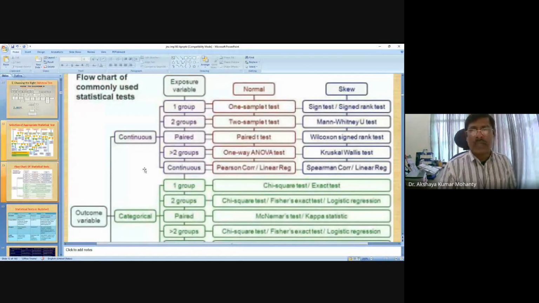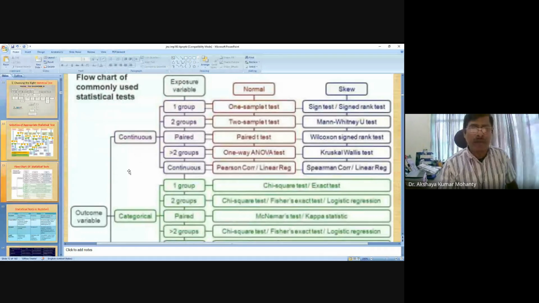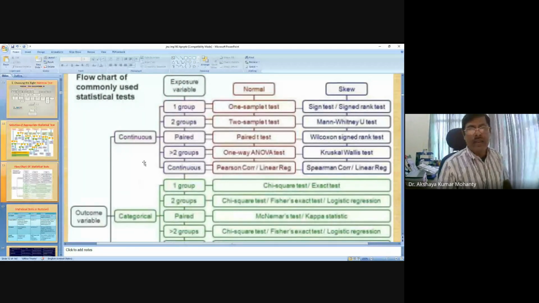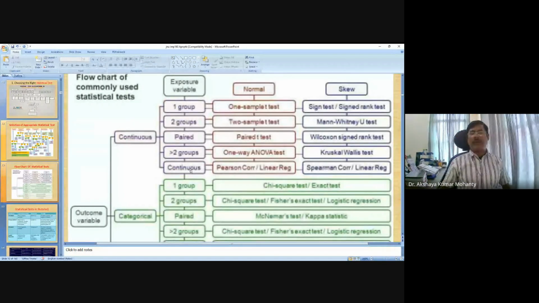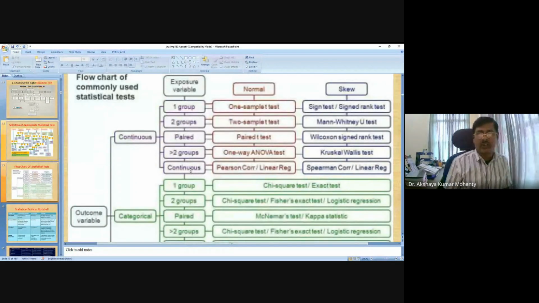So now you tell me, this is a continuous variable. First I'm taking the continuous variable as the outcome variable. I have taken 5 types of continuous dependent variable with the exposure variables.